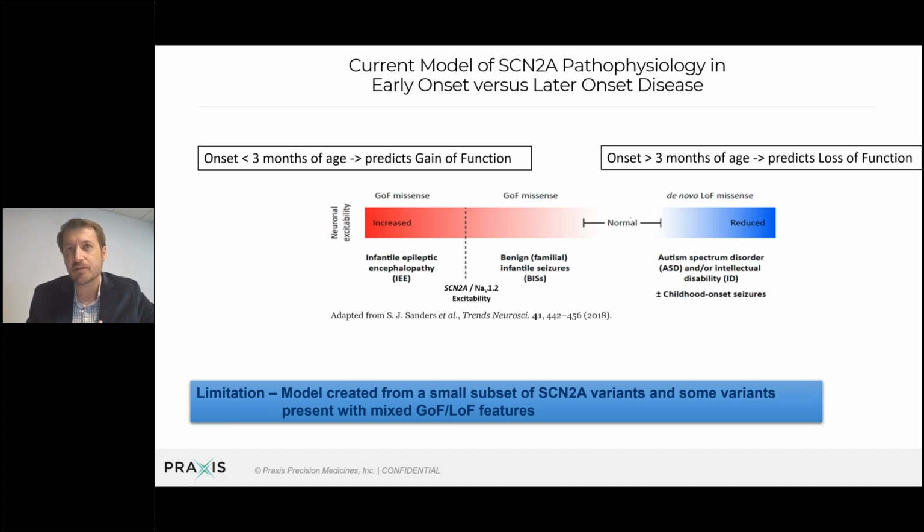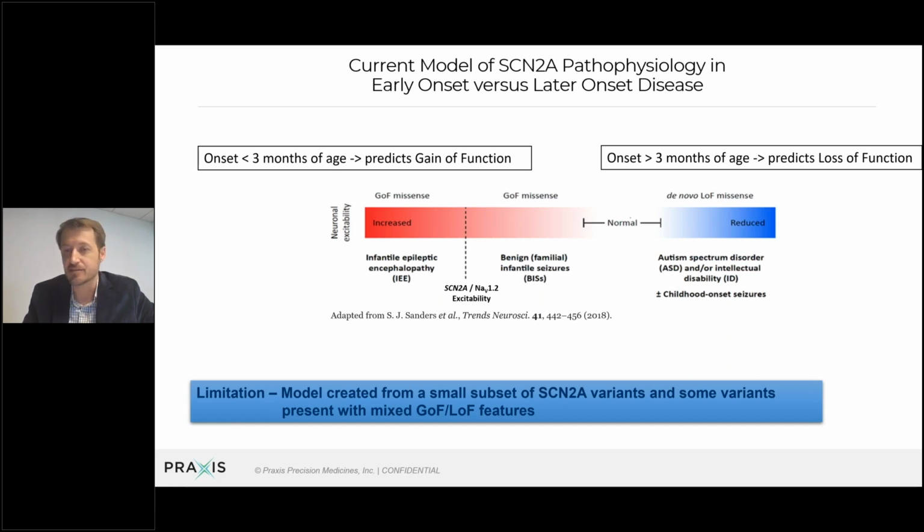What's come out of the literature recently is that variants that cause seizure disorders, like benign familial infantile seizures, or even the more severe and catastrophic infantile epileptic encephalopathies, the DEEs, seem to follow a gradient: the greater the degree of gain of function, the more severe the clinical phenotype. Conversely, loss of function at NaV1.2 seems to be associated with autism spectrum disorder and intellectual disability, but it's not clear-cut.